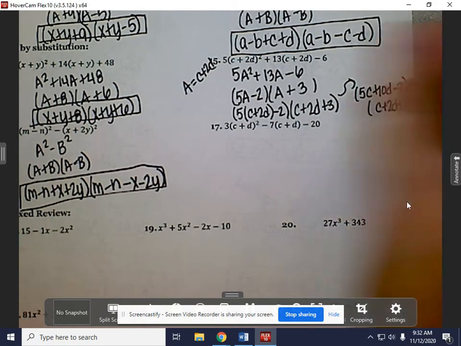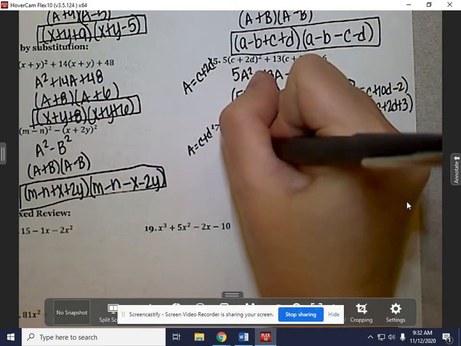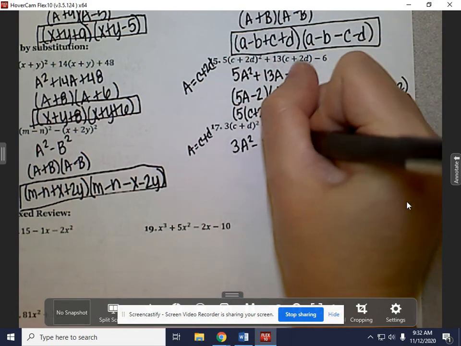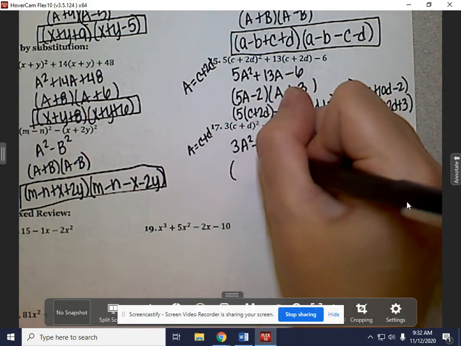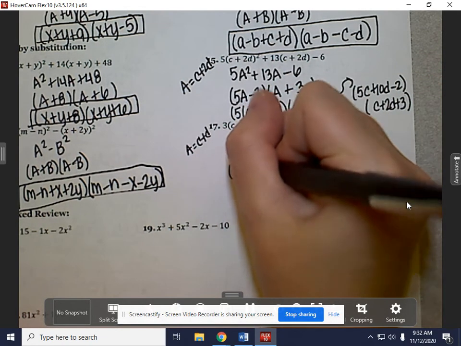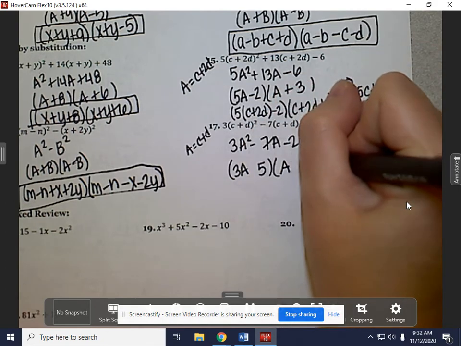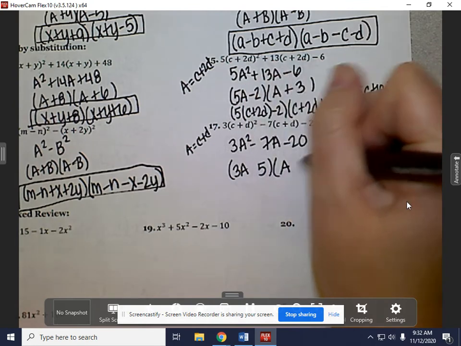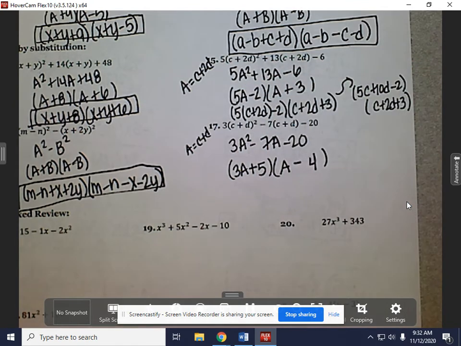And last but not least, let's throw it in. A is c plus d. So we have 3a squared minus 7a minus 20. We're going to factor that. So what's that? 3a, I think that's 5 and 4, because that would give me 12 and 5, and if I had negative 12 plus 5, perfect.